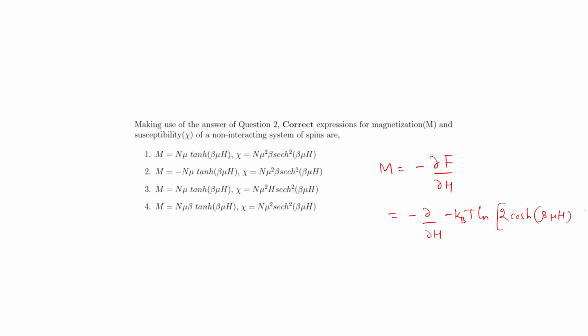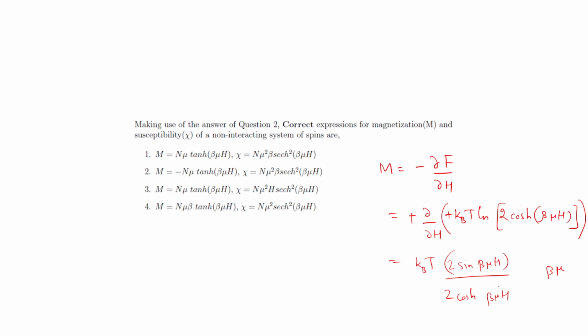So all we have to do is take the derivative with respect to h. This minus cancels minus, and it is kBT, and when you take this derivative it is 2 sinh(beta mu h), and it is beta times mu.